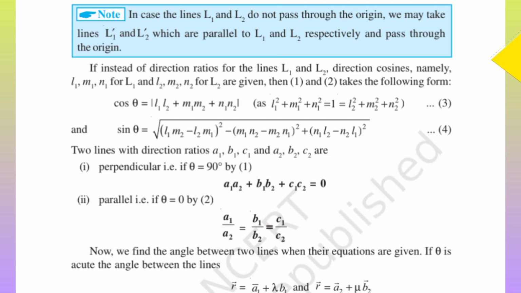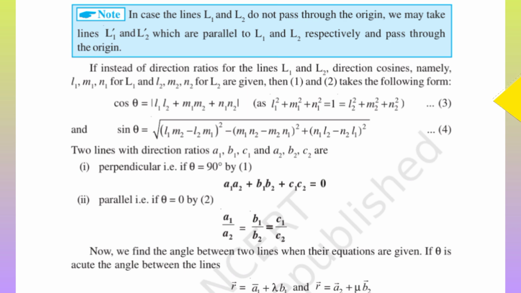If instead of the direction ratios for the lines L1 and L2, direction cosines, namely l1, m1, n1 for L1 and l2, m2, n2 for L2, are given, then equations 1 and 2 take the following form: cos theta equals the modulus of l1 into l2 plus m1 into m2 plus n1 into n2, as l1 square plus m1 square plus n1 square is equal to 1, and l2 square plus m2 square plus n2 square is equal to 1.